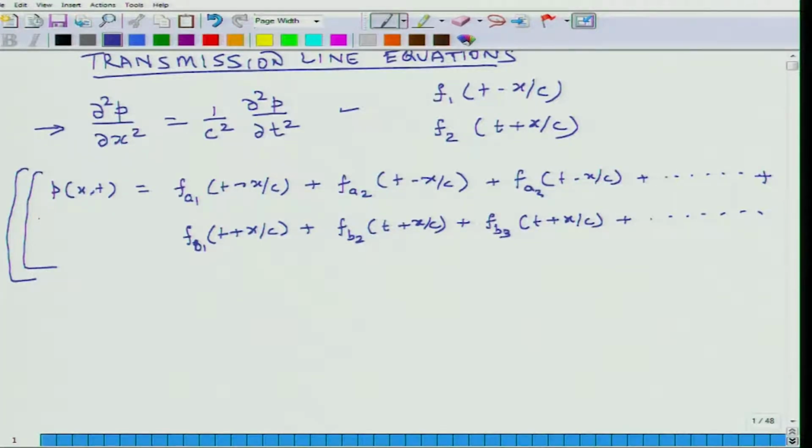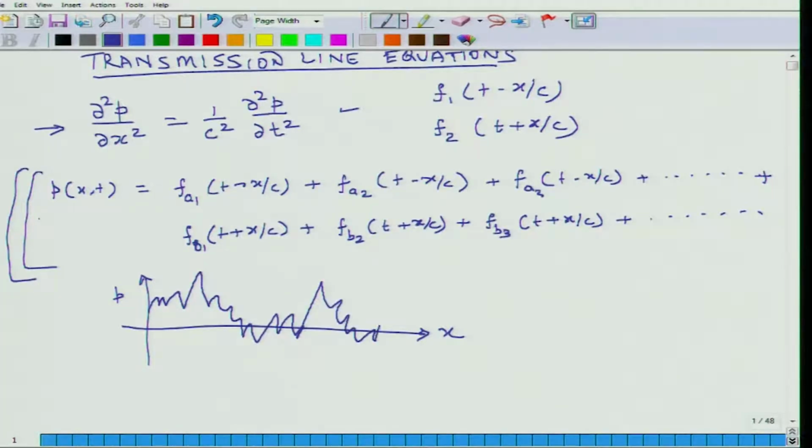Now, if I have sound, and let's say this x axis represents time and y axis represents pressure, then sound pressure could be fluctuating something like this.